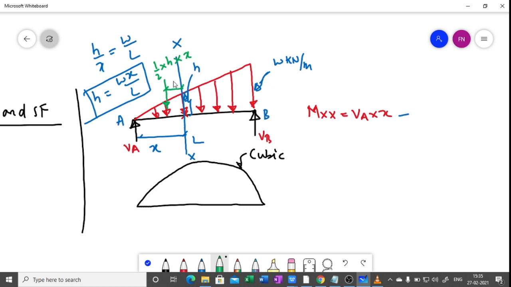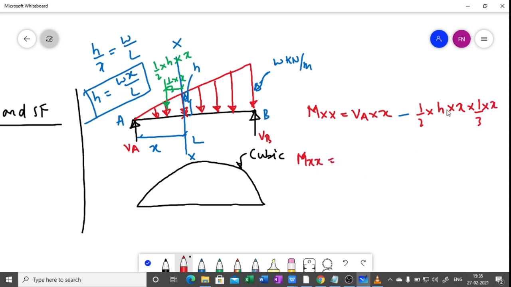The perpendicular distance with respect to the section will be one third of the base, 1 by 3 into x. So minus total load, half into h into x, into the perpendicular distance 1 by 3 into x.